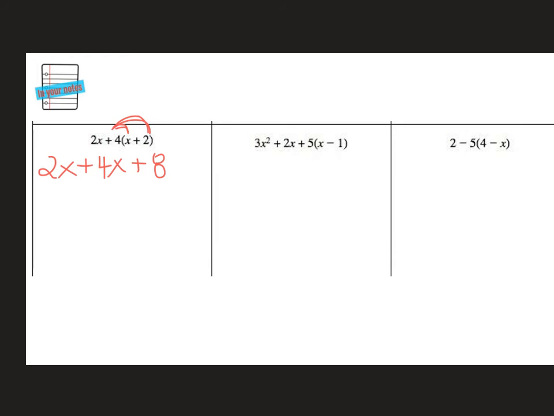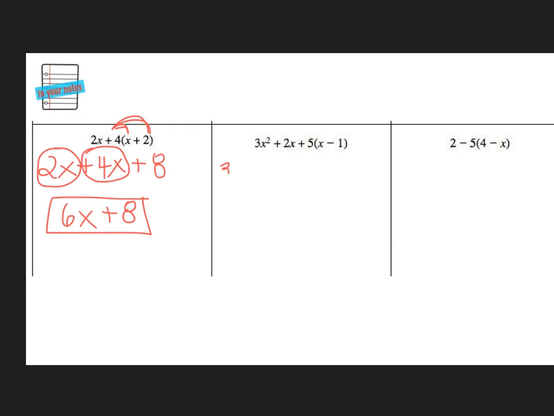Now we'll notice the difference in these problems here. As we come back to this problem, we'll actually see we have a 2x and a 4x, which are like terms. And 2x plus 4x is 6x, and a plus 8. Now this is as simplified as it gets.